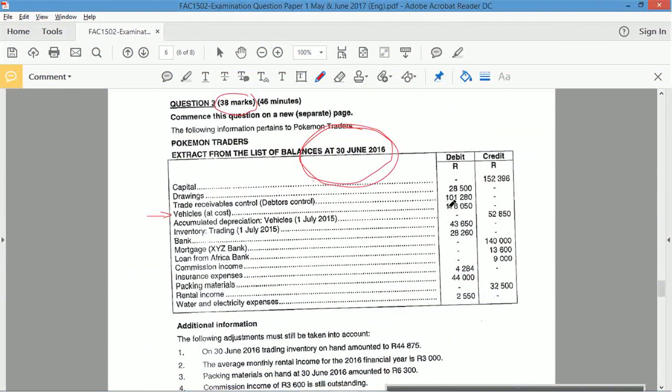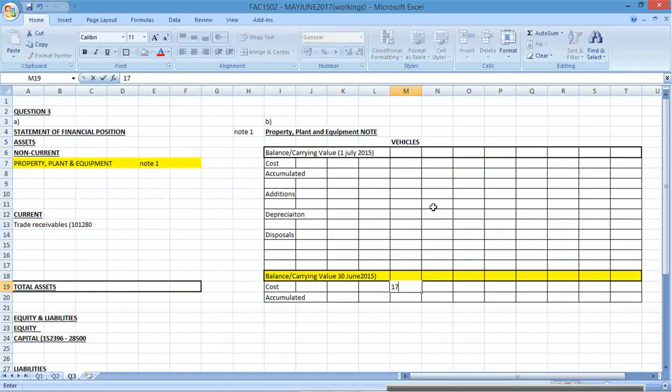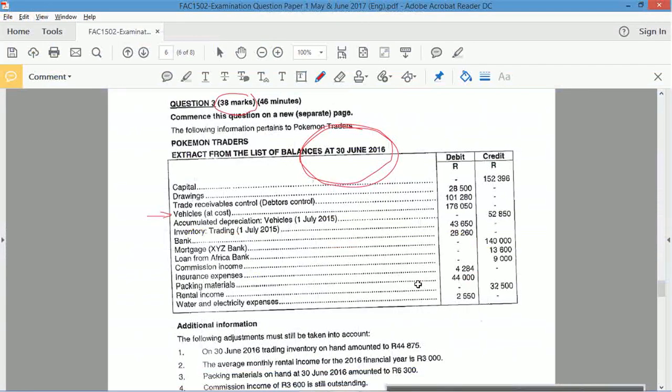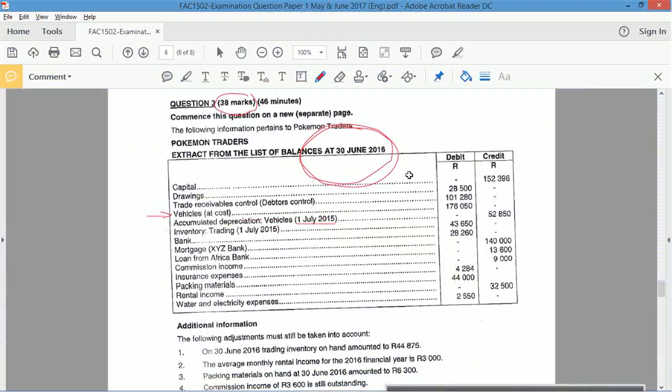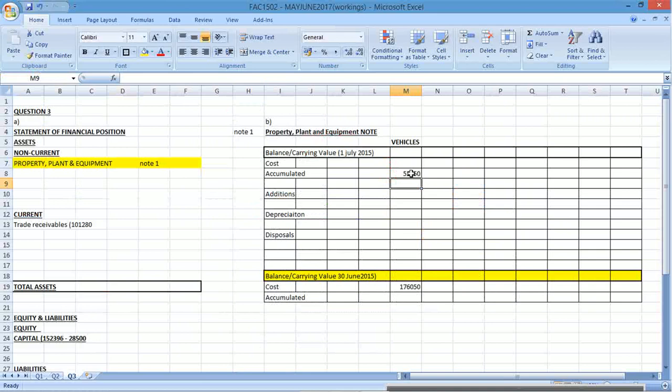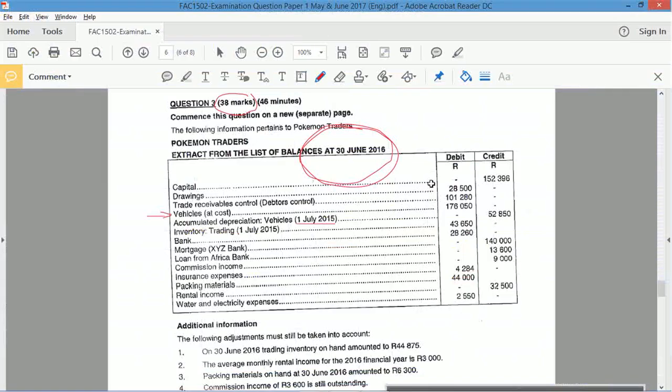How much is it? 176,050. There's the cost. Then what? What's next? Accumulated depreciation vehicles. There. 1st July 2015. That's beginning. 52,850. Great.